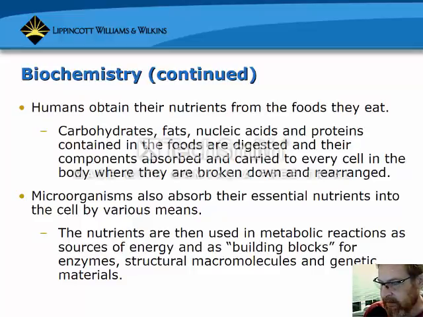Humans can ingest all the different types of macromolecules: carbohydrates, fats, nucleic acids, and proteins, and are going to get different amounts of energy from those different molecules. Those nutrients become the building blocks for other macromolecules and us in general.